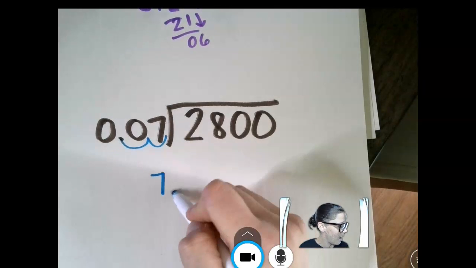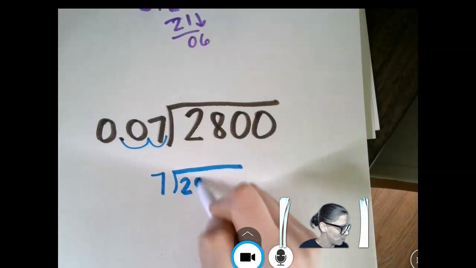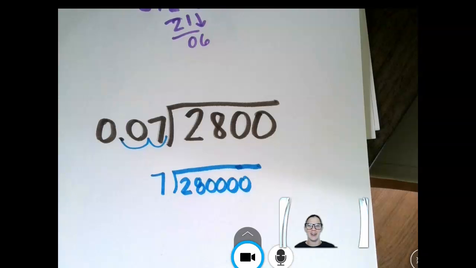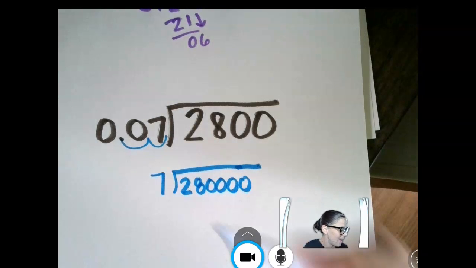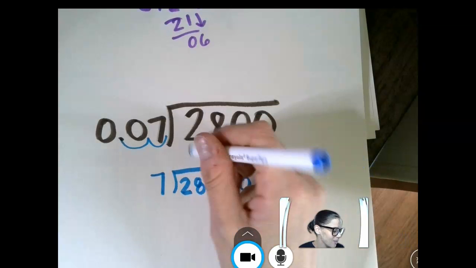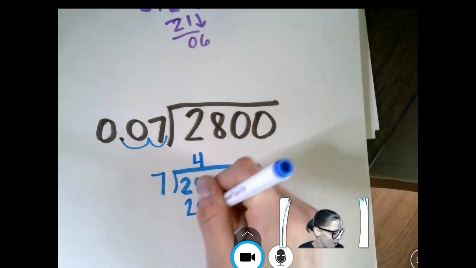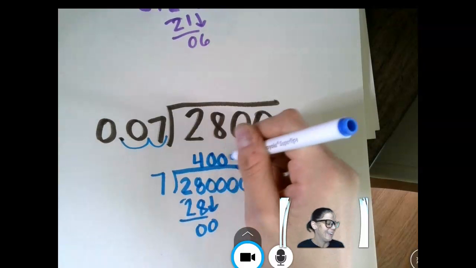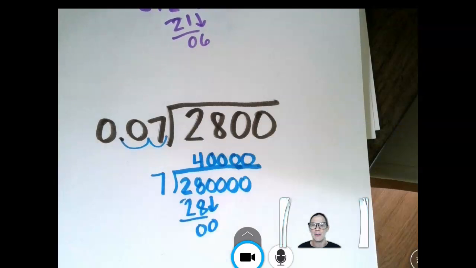And then I need to have 2 more zeros. Ooh, lots of zeros added to the end of 2,800. Now I can solve like normal. So 7 can go into 28 4 times. And this is just going to continue on to be a crazy big quotient.